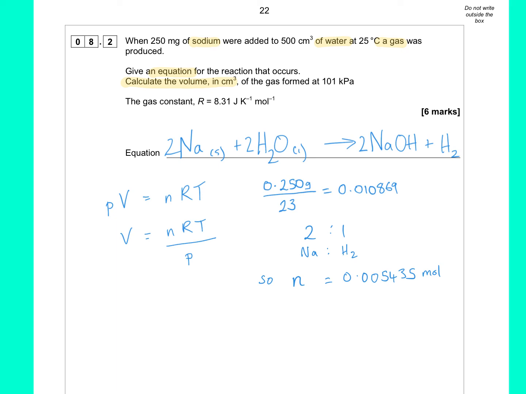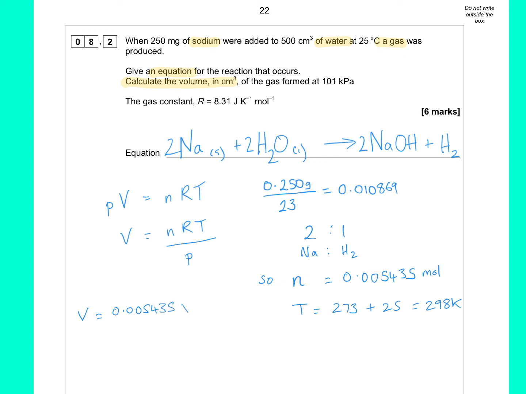So next step, if I know N, and I'm trying to work out V, R is given to us in the question, so we need to work out the temperature. So it says at 25 degrees C, so I work that out in Kelvin by adding 273, so that's 298 Kelvin. And the pressure is given to us in kilopascals. To put it into the PV equals nRT calculation, we need to transform that into pascals, so we need to times it by 1,000.